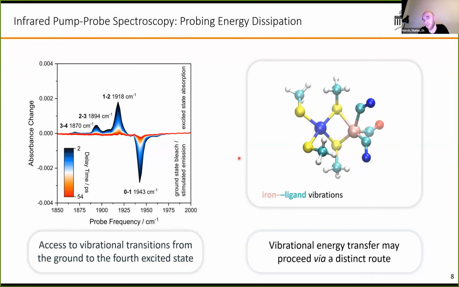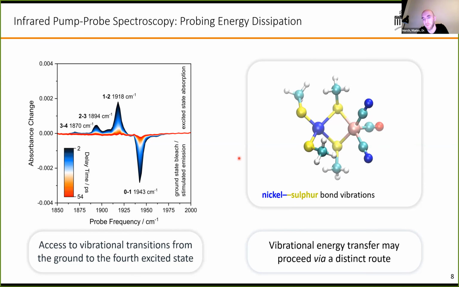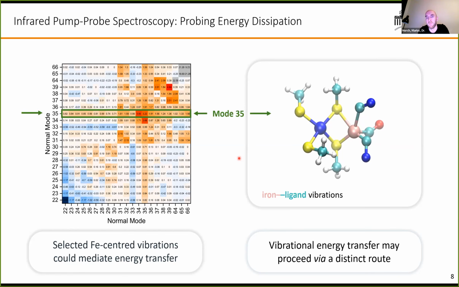And these low frequency metal ligand vibrations are then in turn coupled to the cyanide stretching vibrations, different types of nickel sulfur vibrations, and even carbon sulfur vibrations on the side chain. And so what we propose is basically, or it seems that these low frequency metal ligand vibrations, especially one shown here, also highlighted on the left-hand side, are quite important to redistribute energy from this catalytic iron site towards the protein environment.